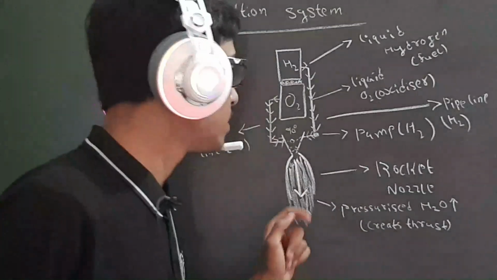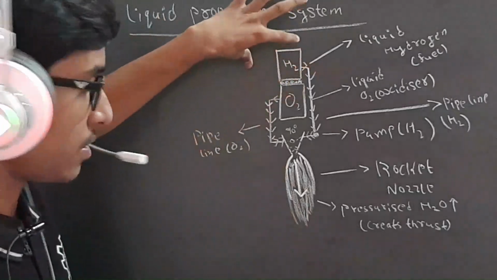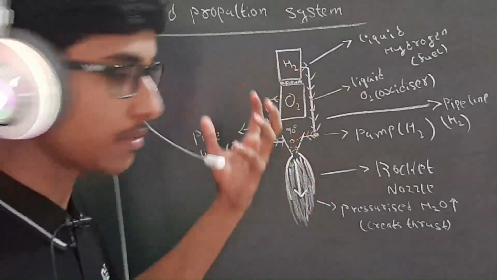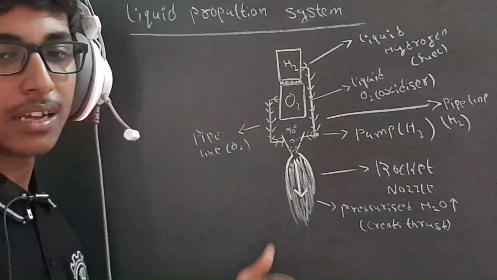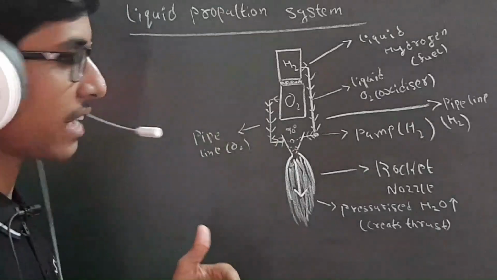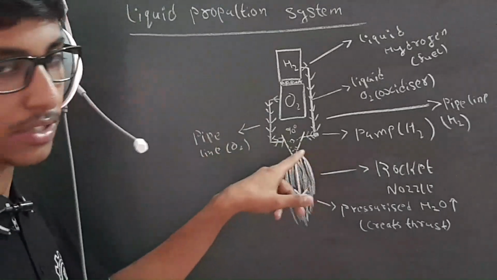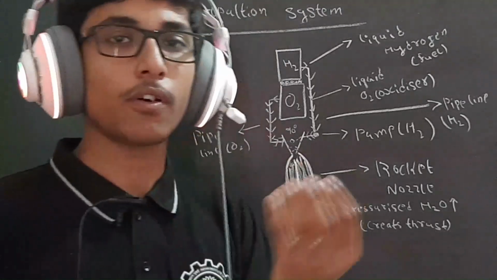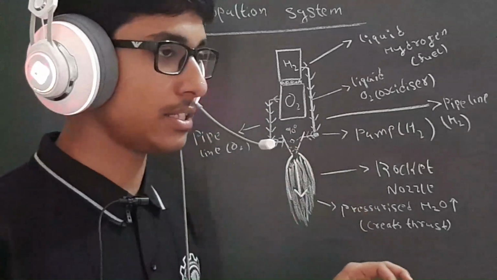Then these two tanks are connected with their pipelines, and they are not mixed on their own in the containers. They are mixed in the combustion chamber, where they are fired at a certain angle so their flows intersect each other at 90 degrees, and they are sprinkled into the combustion chamber.